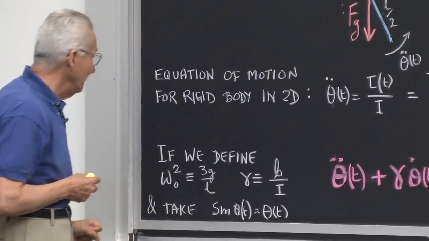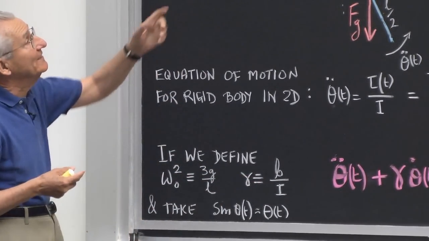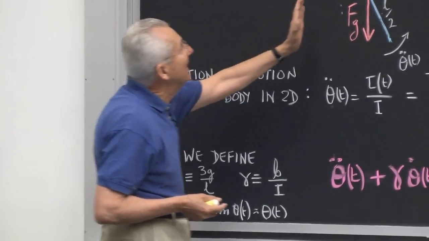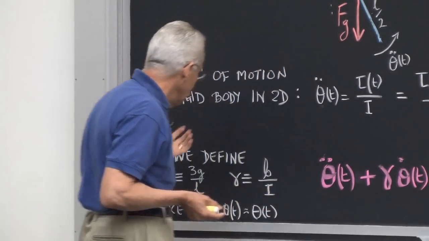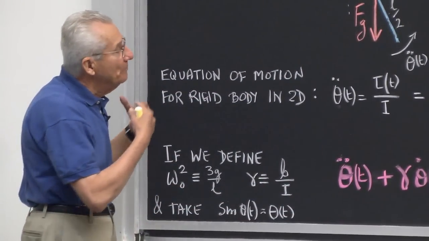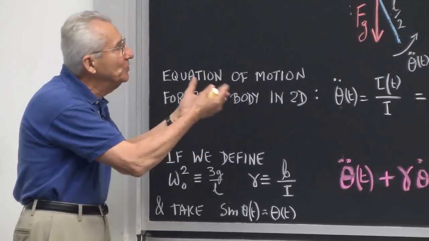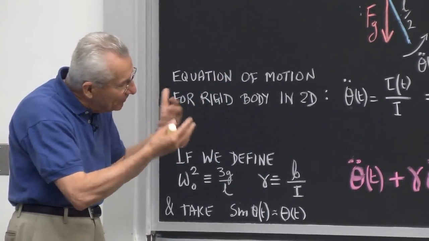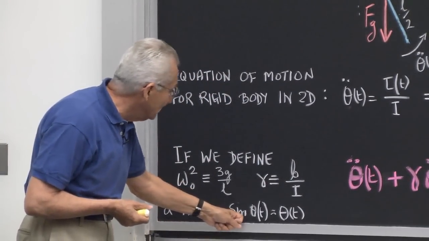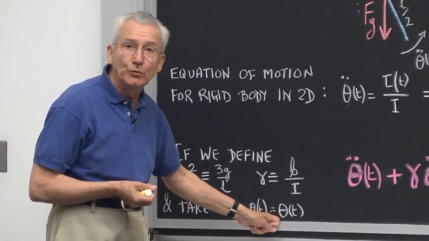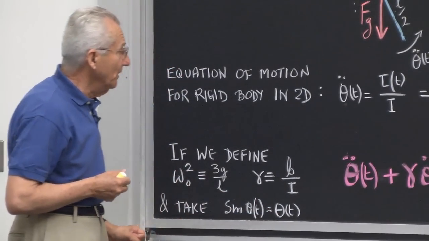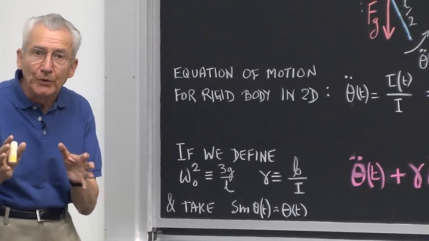And I will assume that this angle is always sufficiently small that, for the accuracy with which I want to predict what will happen, I can assume that sine theta of t is equal to theta of t. Now, let me be honest with you.